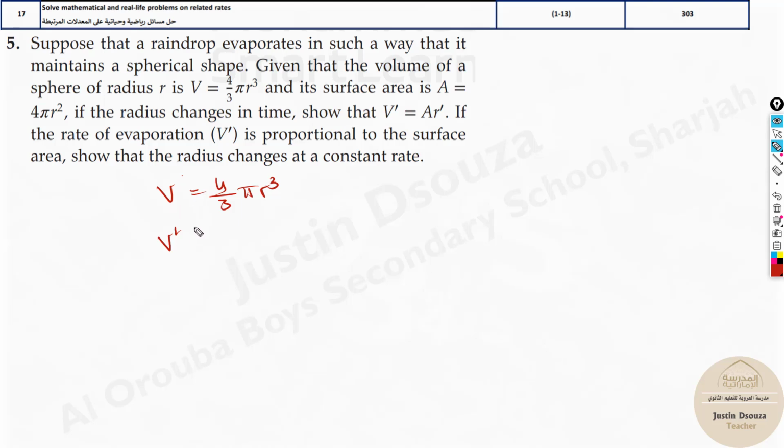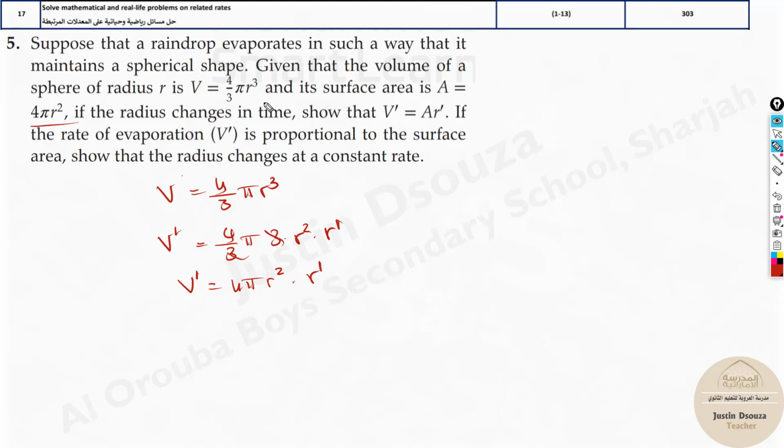Here I'm just writing it directly. So V dash is equal to, derived, 4 by 3 pi remains the same, and r cube becomes 3 times r squared times r dash. Now simplify this: V dash is equal to 4 pi r squared times r dash.